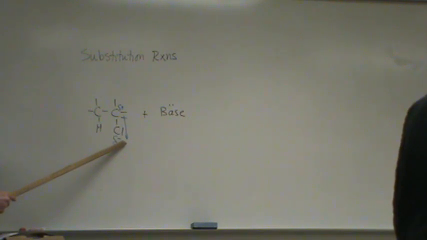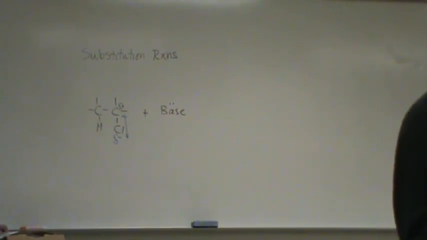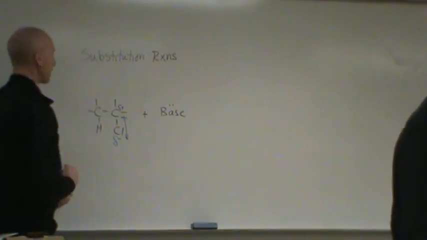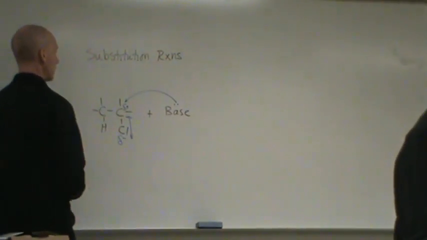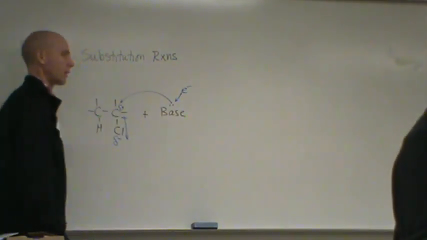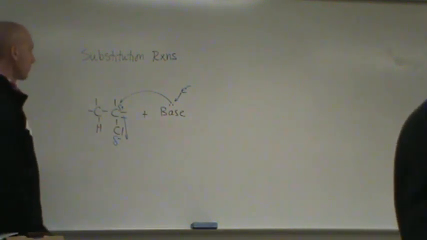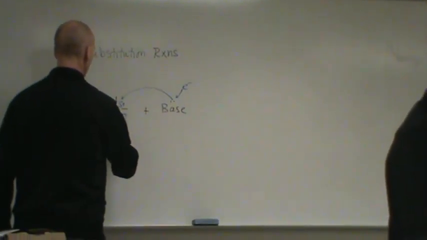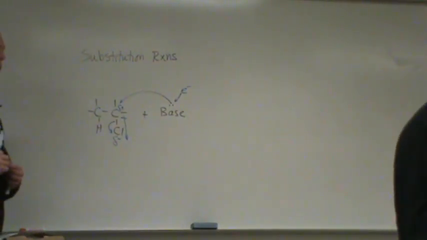Where's it going to be attracted to? Plus. The plus. Got it? Don't forget that electrons are negatively charged. So it's going to be attracted to the plus and kick off that chlorine.